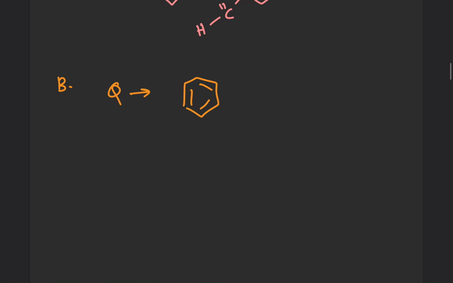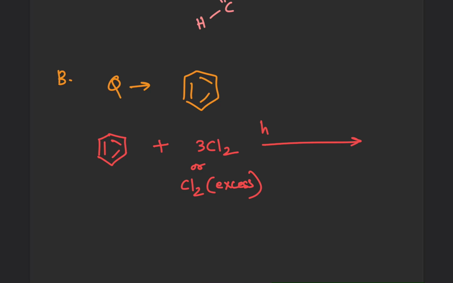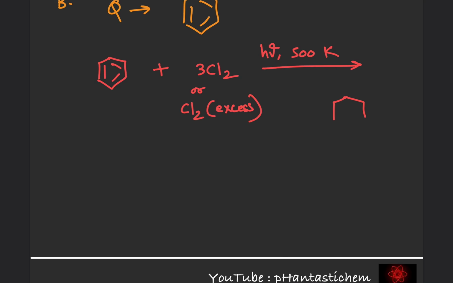Okay, so with respect to reaction, I can write benzene ring plus 3 molecules of Cl2, or we can also write Cl2 in excess, H nu and 500 Kelvin. So it will give us the product with H and Cl on each carbon.